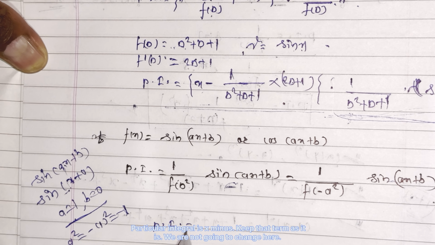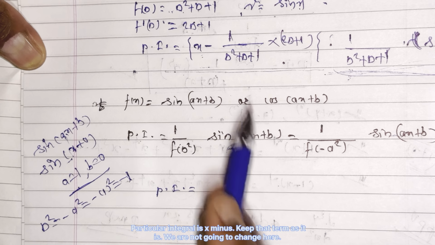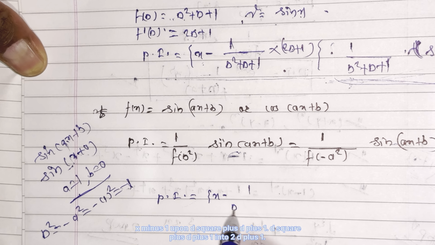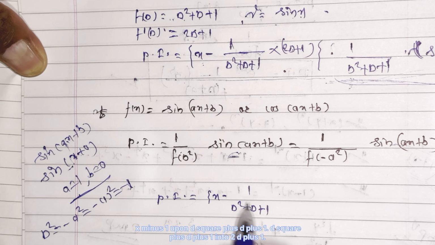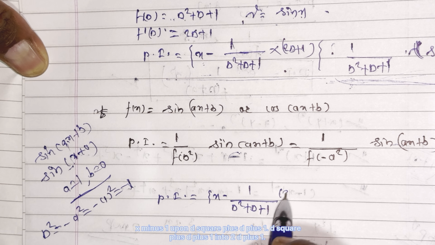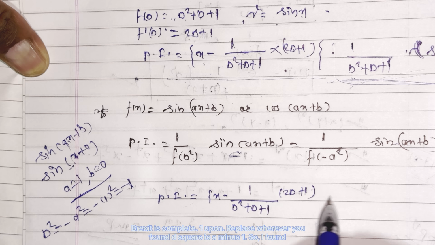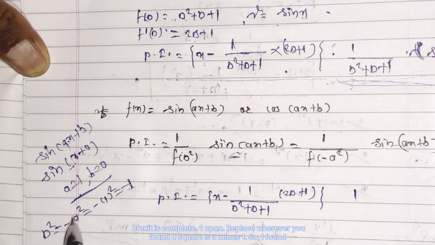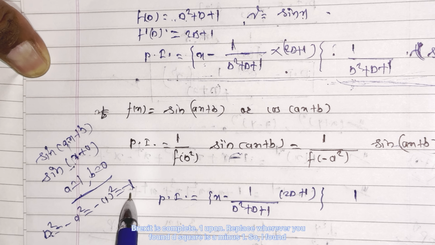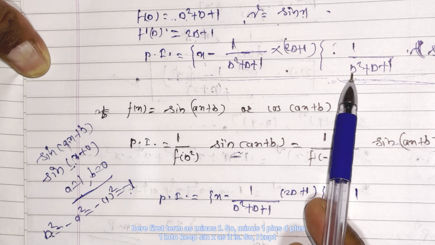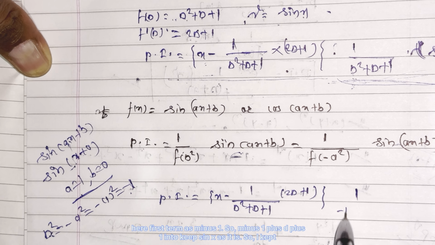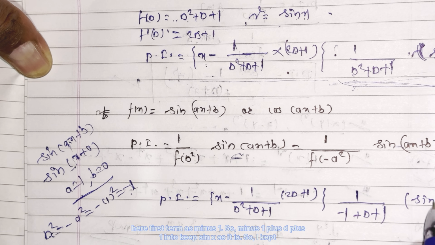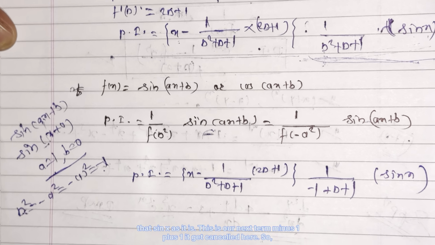The particular integral is x minus, keeping that term as it is, 1 upon d square plus d plus 1 into 2d plus 1, bracket complete. Then 1 upon, replacing d square with minus 1, so minus 1 plus d plus 1, into sin x, keeping sin x as it is.